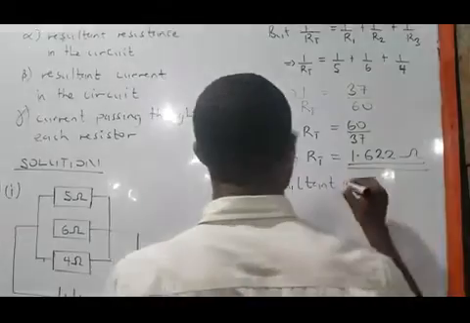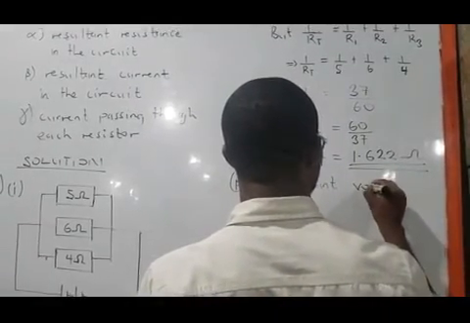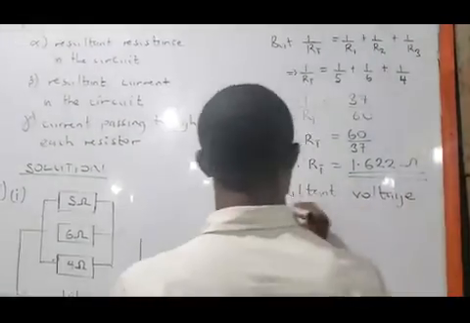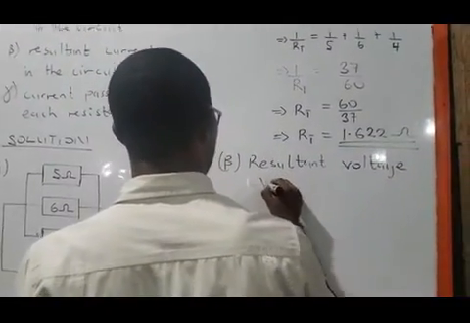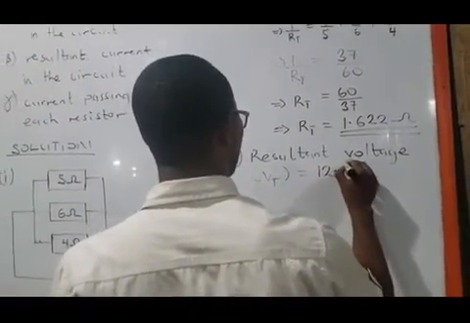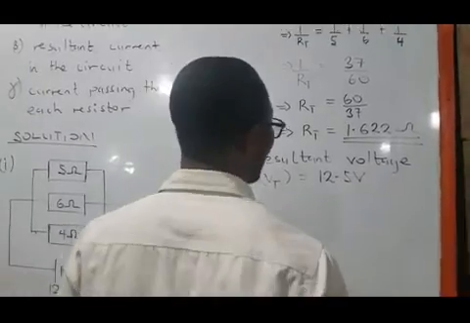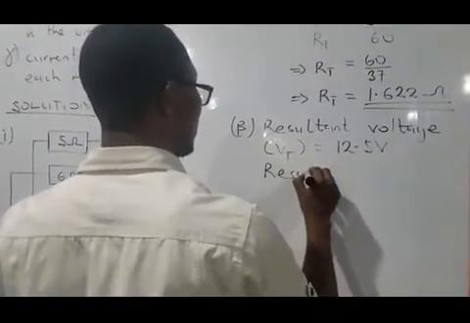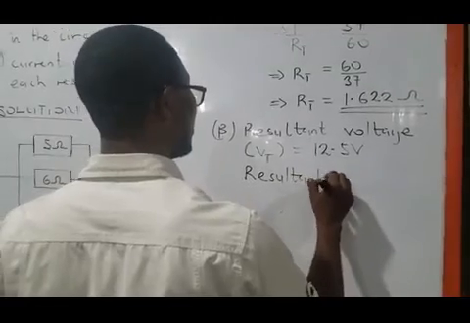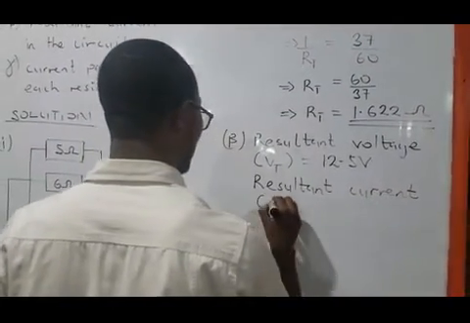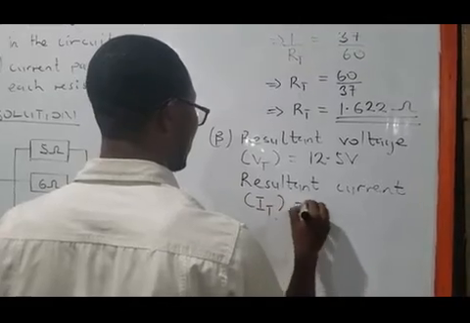So the resultant voltage VT is equal to 12.5. So we can look for the resultant current, IT.